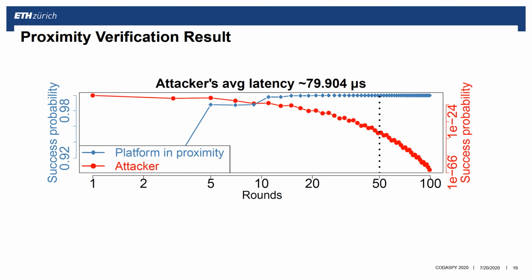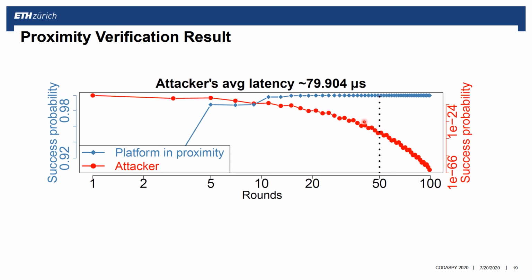Now we see the effect of an increasing number of rounds on the result. The blue line is the success probability for a platform with ProximiTEE connected over USB, and the red one is the attacker success probability over the 1 meter long Ethernet cable. With an increasing number of rounds, the confidence in the platform with ProximiTEE increases significantly compared to the attacker's.